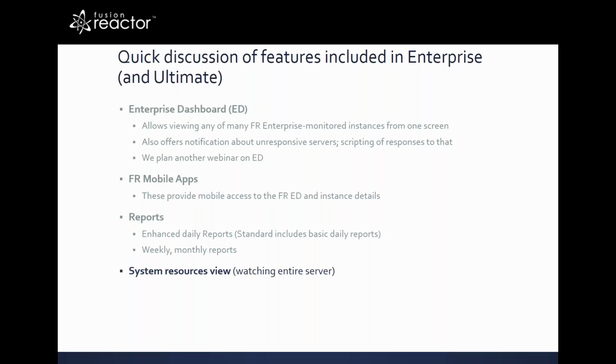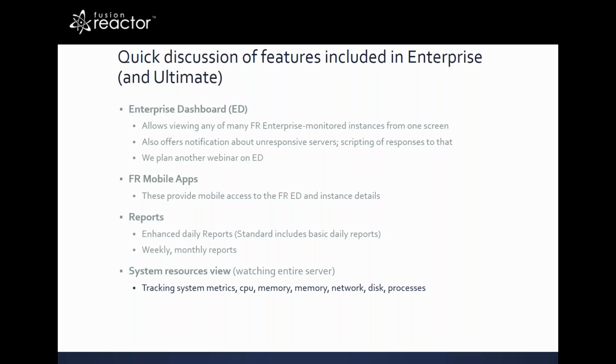There's also a new System Resources view, so over on the left you'll see a Resources tab, and when you click it, there's various things in there, and they watch your entire server, not just your instance of ColdFusion or Lucee or Railo or Tomcat or JBoss or WildFly. These watch the whole server. So they watch the CPU, the memory, network, disk, and process execution.